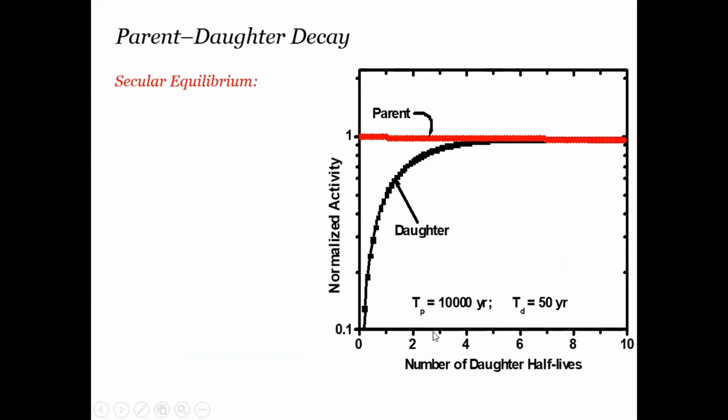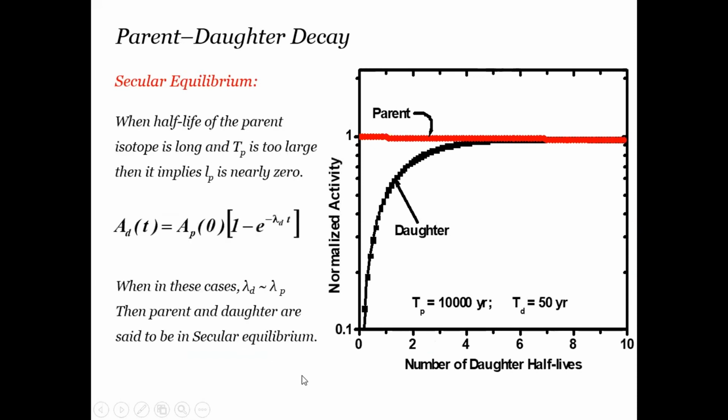Let us talk about the secular equilibrium. It is for cases where the half-life of the parent isotope is long. Since the half-life Tp is too large, the decay constant for the parent is nearly 0.